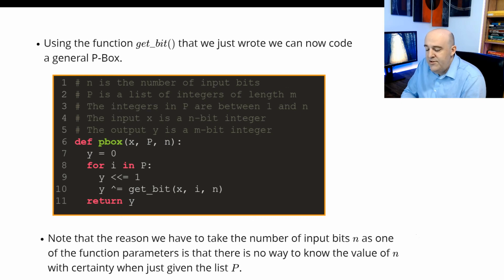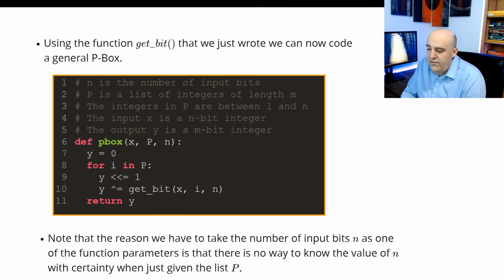So notice that each time we cycle through the for loop there, we shift y over by 1, and then we glue onto the end of y, on the least significant bit, the appropriate bit value of x. And then after that's over, the value of y will be constructed as an m-bit integer, and every bit of y came from a certain bit value from x, right?